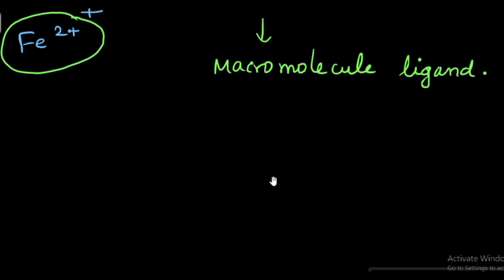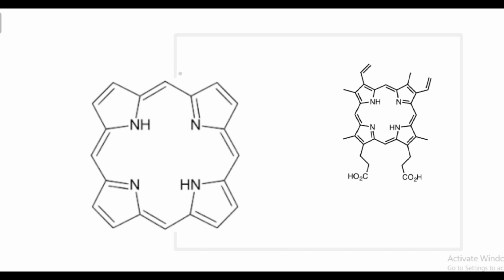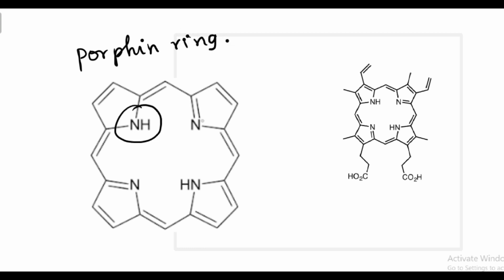So what about the structure of the macromolecule porphyrin ring? Its structure looks like this. This one is the porphyrin ring. This porphyrin ring contains 4 nitrogen atoms. Here there are 4 nitrogen atoms, and these 4 nitrogen atoms come and combine together to form this biggest macromolecular ring.